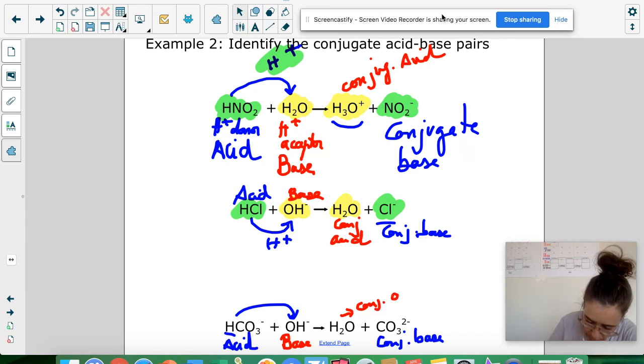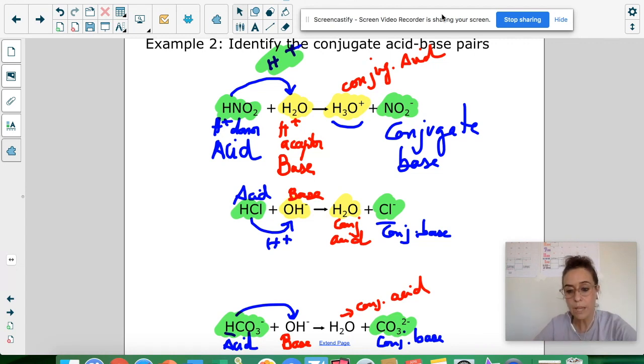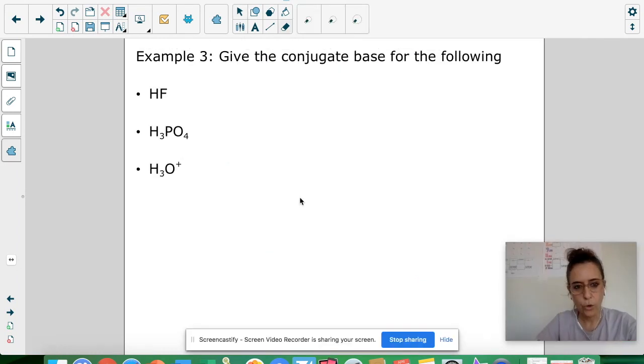So again, in this case, the acid is HCO3 negative, and the conjugate base of that acid is CO3 2 negative. And the base is going to be OH, and the conjugate acid of that base is going to be the water. Okay, so we're going to see a couple of examples to understand how to find the conjugate base of an acid or the conjugate acid of a base.